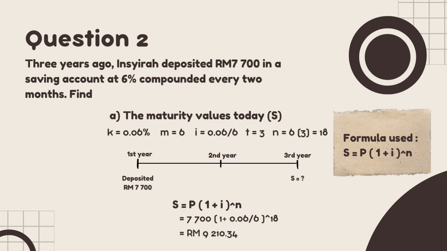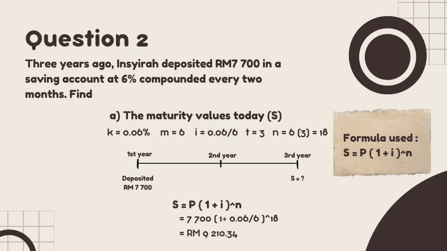In this question, we can summarize that the K, annual nominal rate, which is 0.06%, the frequency of conversion, which is M, is 6 times. Next, the periodic interest rate, I, is 0.06 divided by 6. Next, the term for this question is 3 years. And lastly, the number of interest N is 6 multiplied by 3 equals to 18.